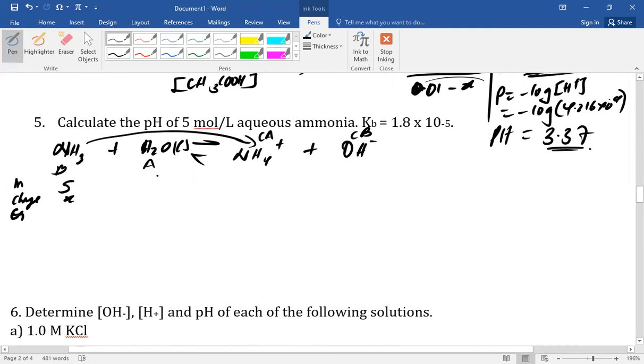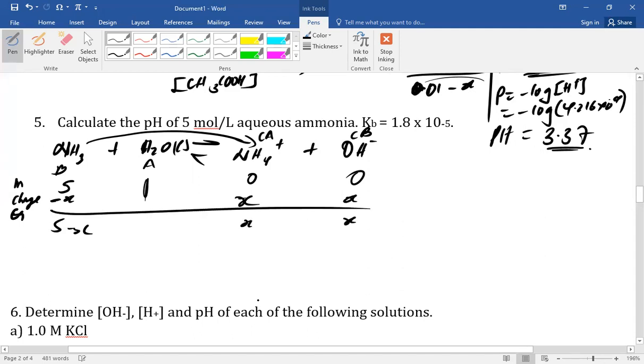The products start at 0 each, so the change is negative x for ammonia and x for each product. So at equilibrium we have 5 minus x, x, and x.